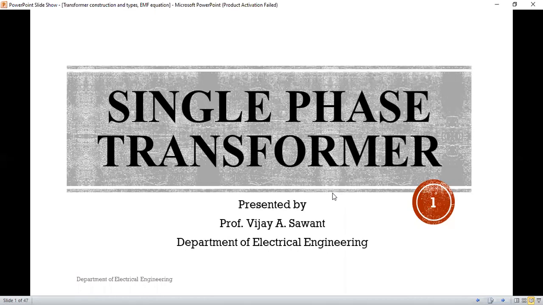Single phase transformer, you people already know about the transformer. We will cover the construction of the single phase transformer, then the working principle, how it works, then the EMF equation. Also, if the transformer is kept on no load condition, what is its performance, and if the transformer is on load condition, how is its performance.